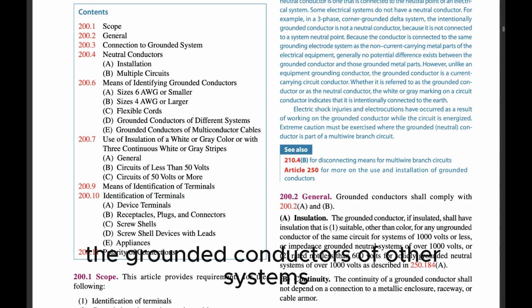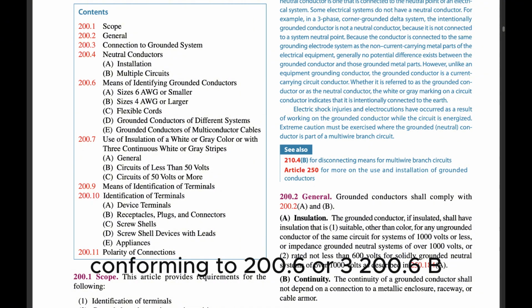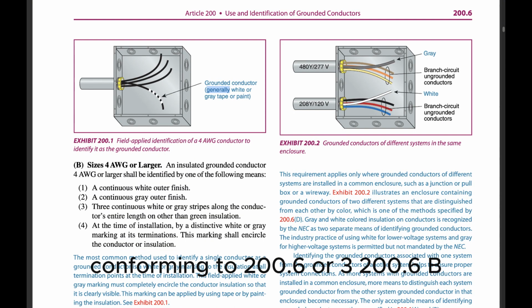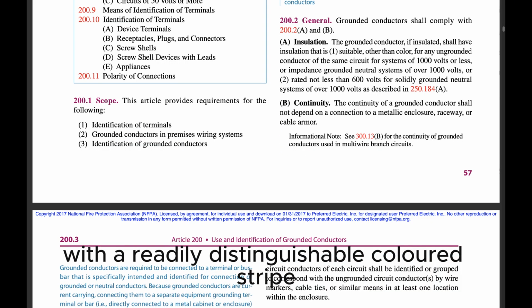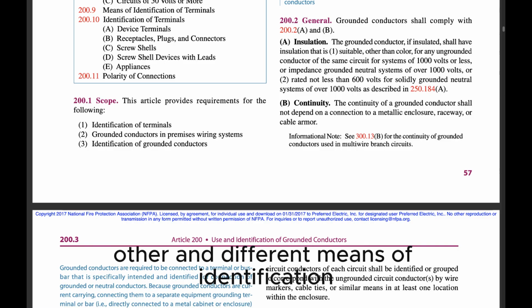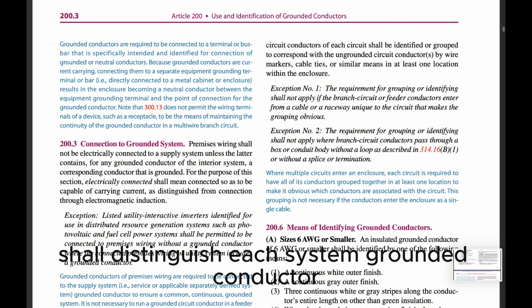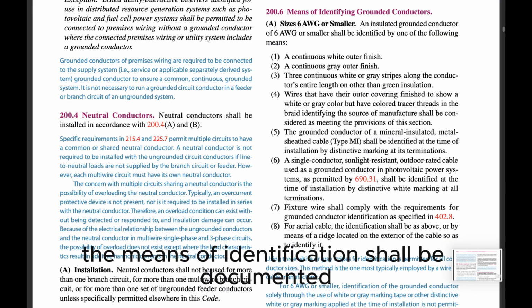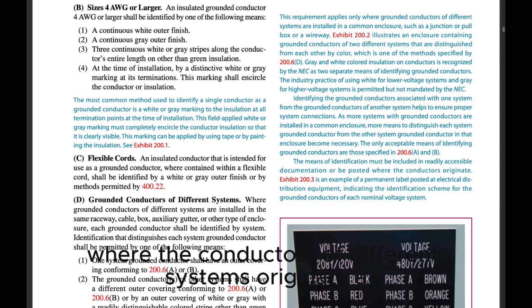The grounded conductor(s) of other systems shall have a different outer covering conforming to 200.6(A) or (B), or by an outer covering of white or gray with a readily distinguishable colored stripe other than green running along the insulation. 3. Other and different means of identification allowed by 200.6(A) or (B) shall distinguish each system grounded conductor. The means of identification shall be documented in a manner that is readily available or shall be permanently posted where the conductors of different systems originate.